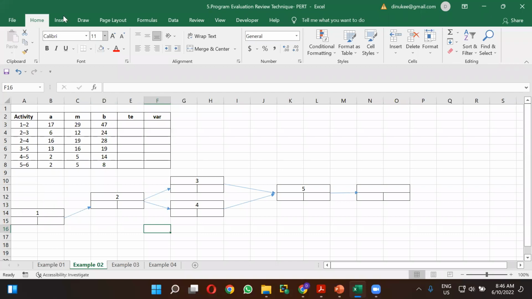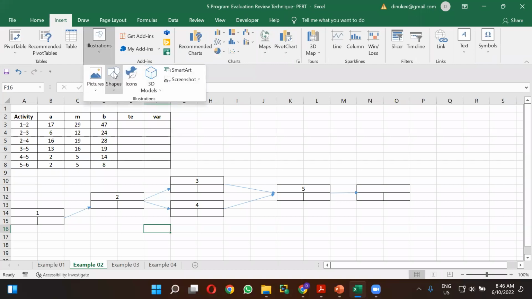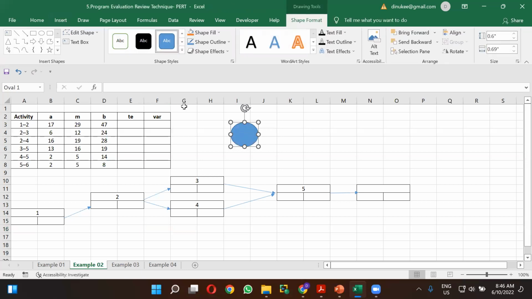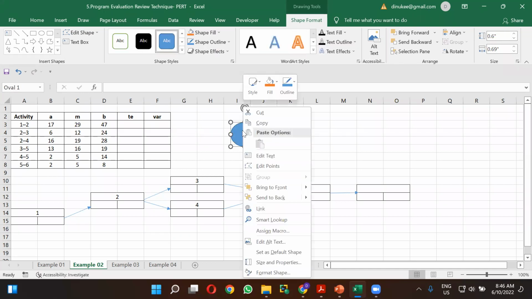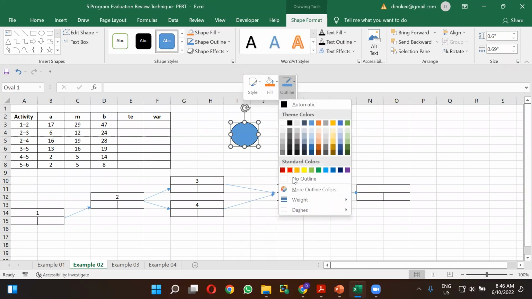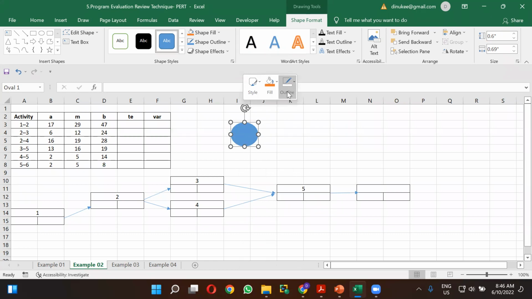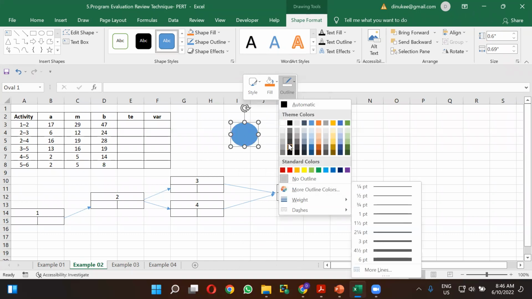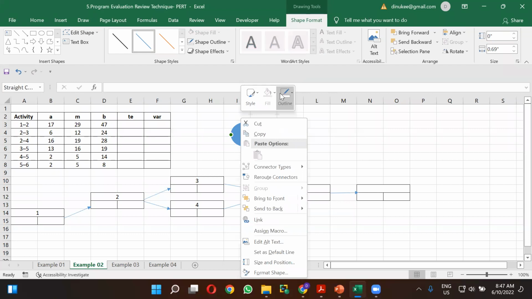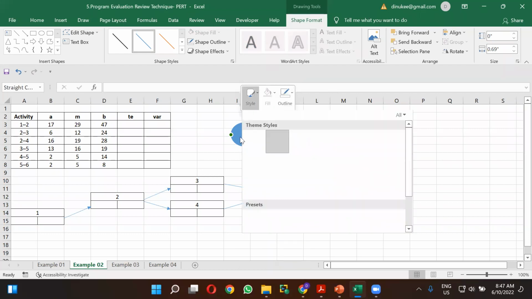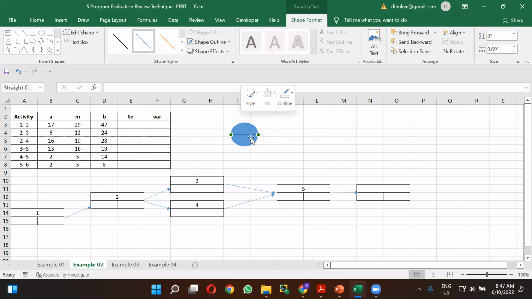If you take the circle, in the circle itself you can divide that circle into 3.